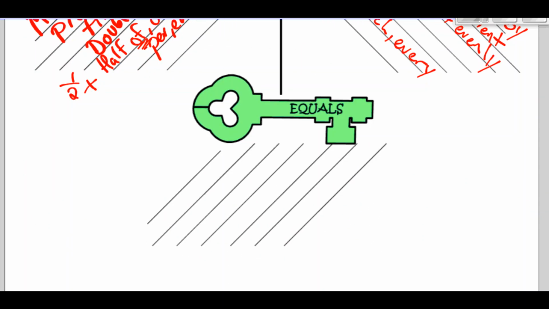Equals is usually the most straightforward. Anytime you see the word is, or any form of the word is. So you can see are. You can see the future will be. You can see the past was. Any form of the word is. Sometimes you'll see total.